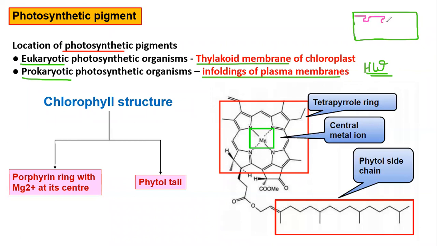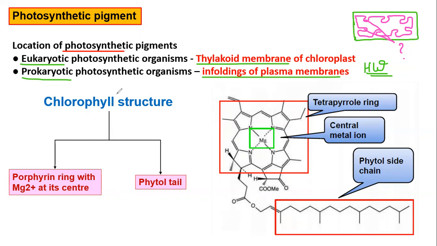Then in the prokaryotic cell, which serves the functions of all the other cell organelles in eukaryotes, like mitochondria, you will find this kind of invagination. Do let me know what the infoldings of the plasma membrane are known as.